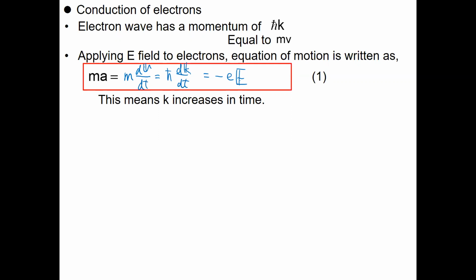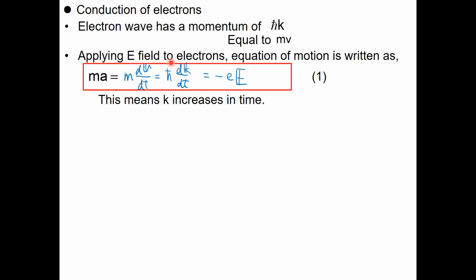So looking at this equation, usually we think like the mass of m. So the speed of the electron is gradually changed by the electric field from this equation.